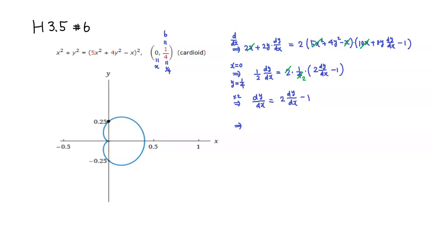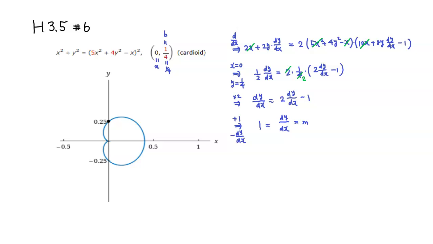I'm going to add 1 to both sides and then subtract the dy over dx. So 1 is equal to dy over dx. This is going to be our slope m.